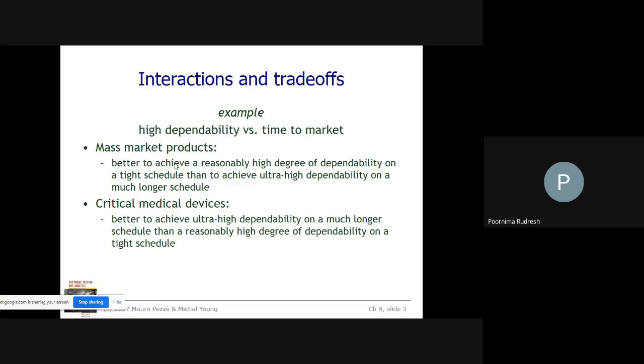Here, we are concentrating on achieving a reasonably high degree of dependability on a tight schedule rather than ultra high dependability on a much longer schedule. Because here we are concentrating on developing and releasing the product to the market as early as possible, means within the given time, or by using lesser time, we have to develop the product and that product should be released to the market.